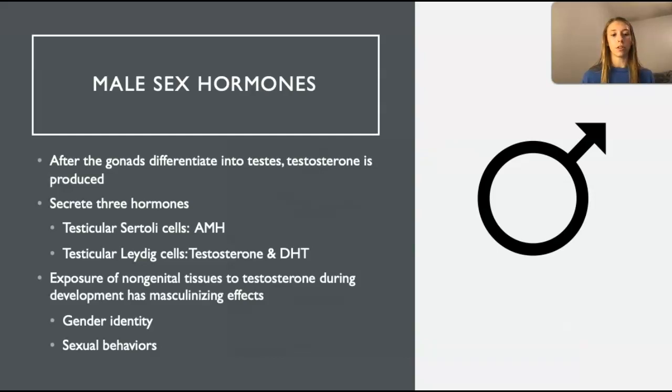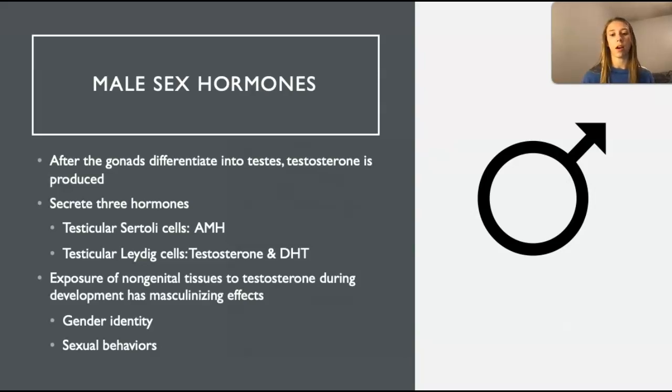They then begin to secrete three hormones that influence development of the male internal and external genitalia. Testicular Sertoli cells secrete glycoprotein anti-Mullerian hormone, which is commonly known as AMH. Testicular Leydig cells secrete the two androgens, which are testosterone and its derivative dihydrotestosterone, which is commonly called DHT.